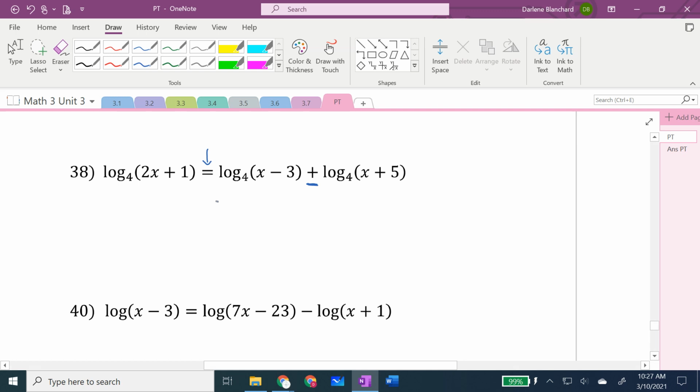With that addition, the right side becomes log base 4 of multiply the insides. At that point, when you look at the left side equaling the right side, they're both log base 4 of something. So the log base 4s cancel each other out and leave their insides equal.